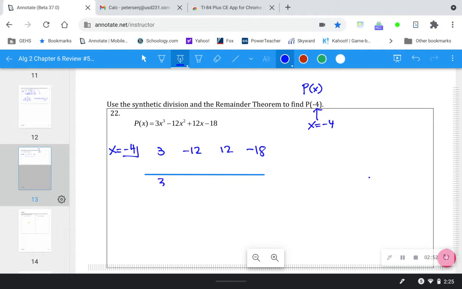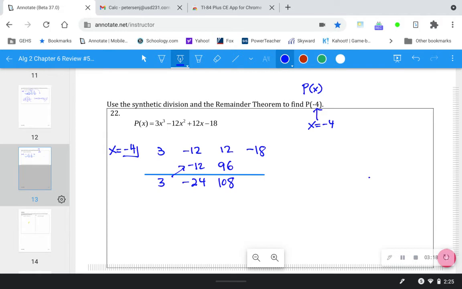All right, the 3 copies, multiplied by negative 4. Add, multiply by negative 4. Add, let's see, this is going to be 108. And multiply by negative 4.